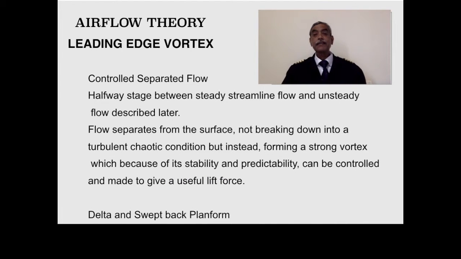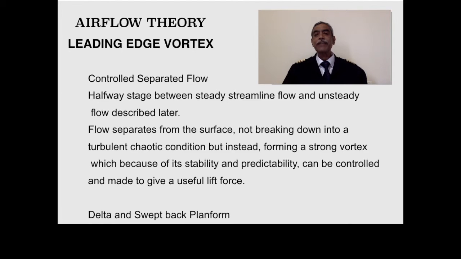Okay, here is something very interesting. There is another type of flow which is called the leading edge vortex. It's a controlled, separated flow. It is a halfway stage between a steady streamline flow and an unsteady airflow, which we are going to describe later.